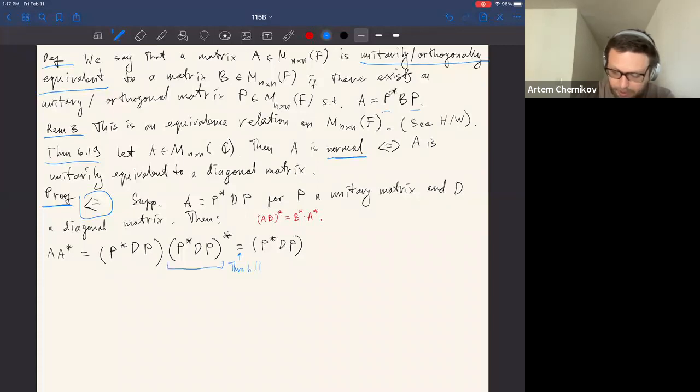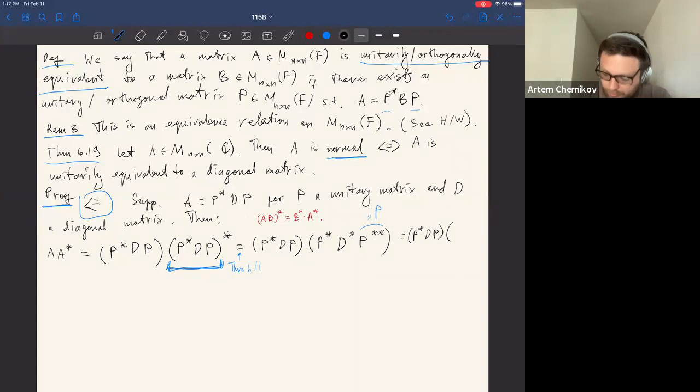We get P star times D star times P star star, right? So we change the order and apply the adjoint to each one, in the opposite order. Here we know that the double adjoint is just P itself.